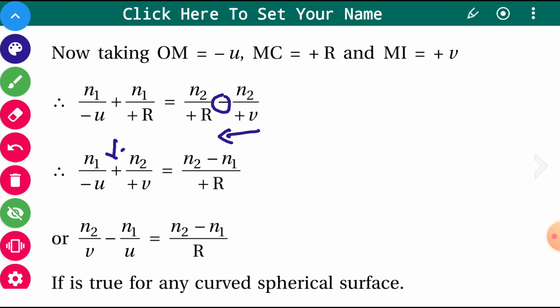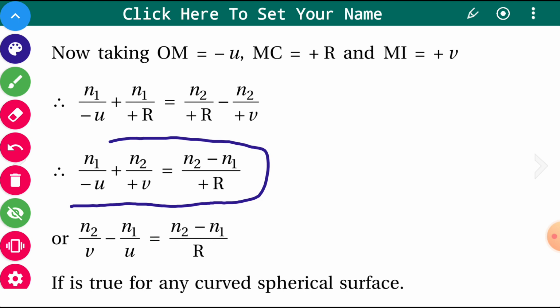So it is minus n1 upon u plus n2 upon v is equal to n2 minus n1 upon r.